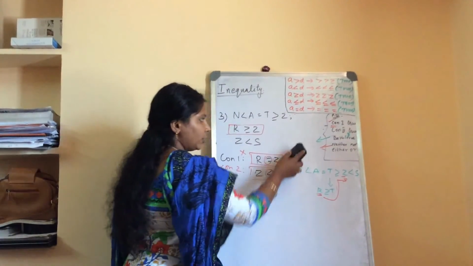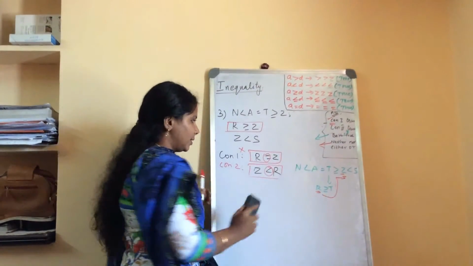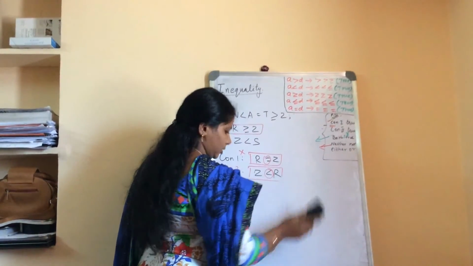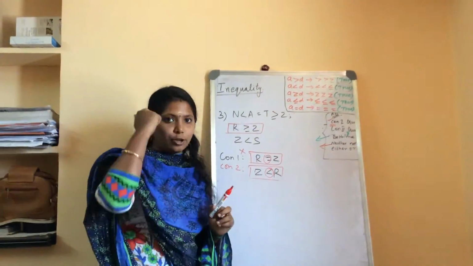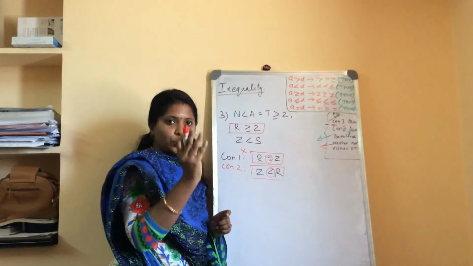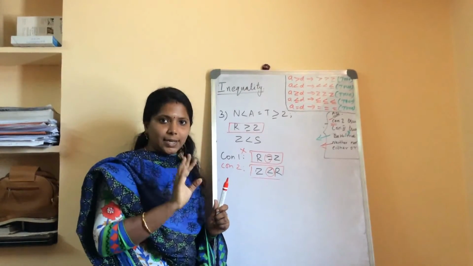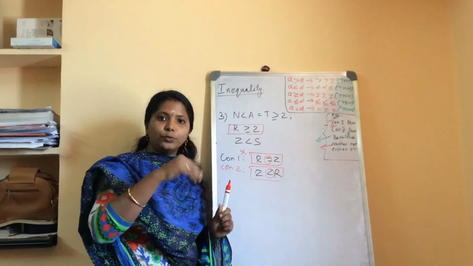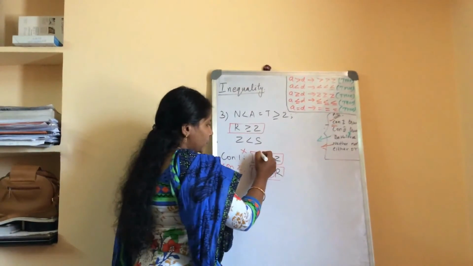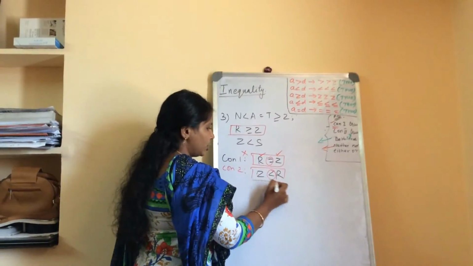The answer will be, for this particular conclusion, either or. Why I am saying either or is because there is an easy trick to find whether the answer is either or. Okay. In the given conclusions, conclusion 1 and 2, both have letters, right? In conclusion 1 and 2 you have the same letters. Okay, let's see this example, RZ, and in conclusion 2 also RZ.